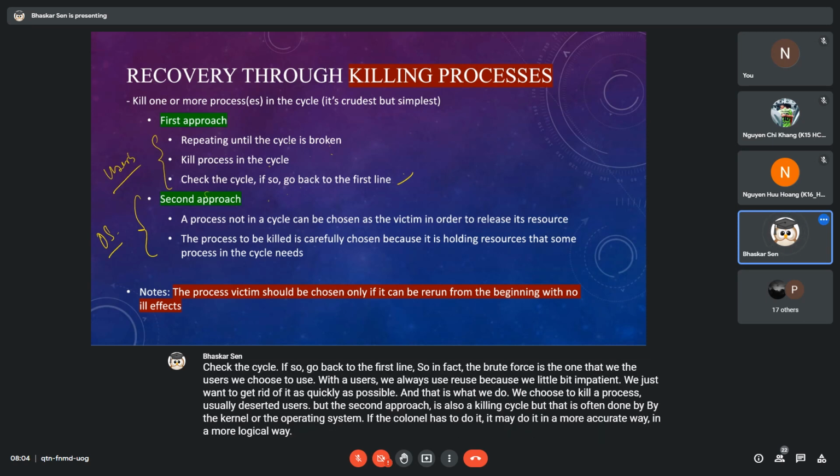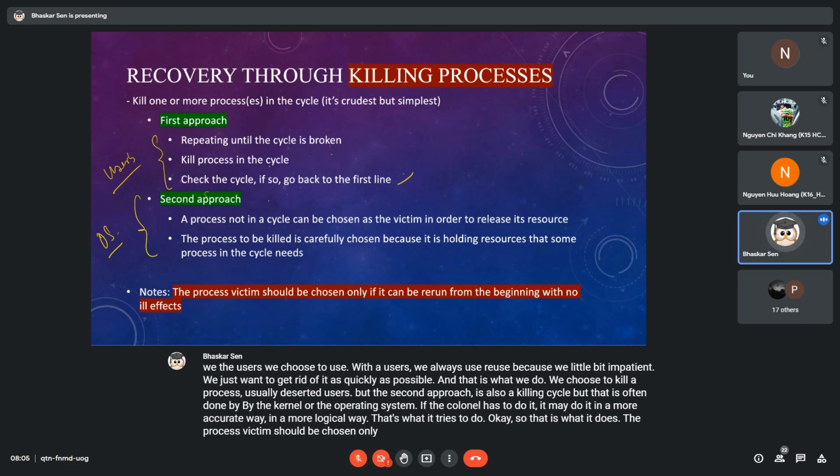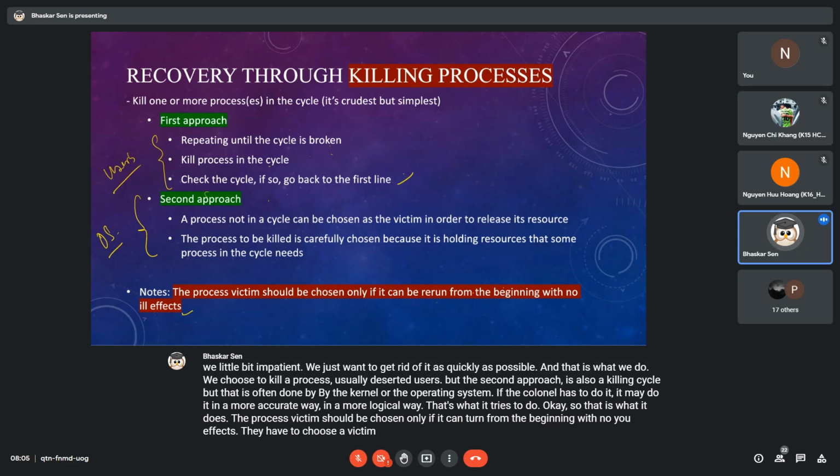That's what it tries to do. The victim process should be chosen only if it can be restarted from the beginning with no ill effects. You have to choose a victim in order to release the resource.